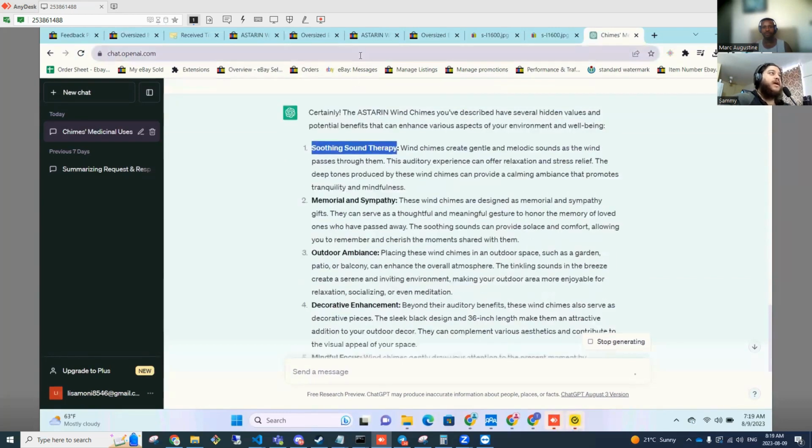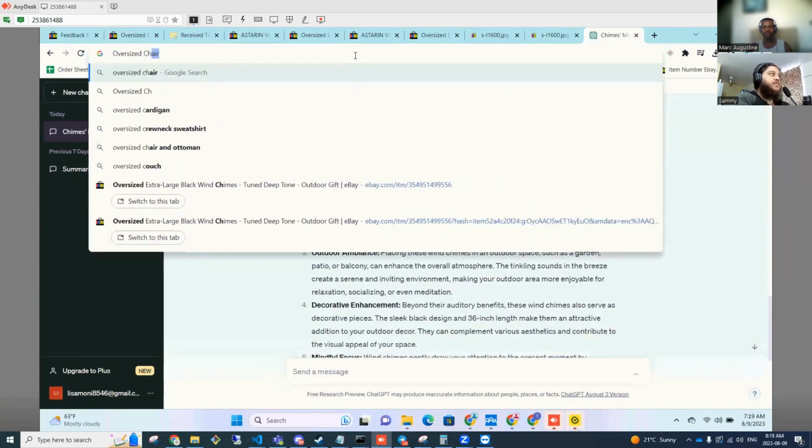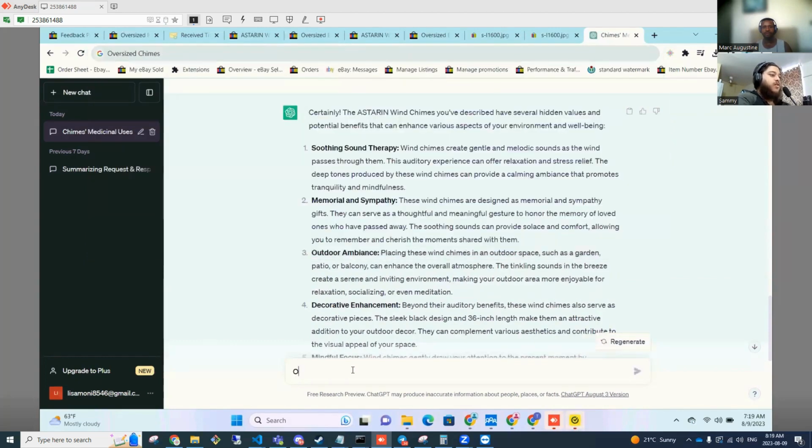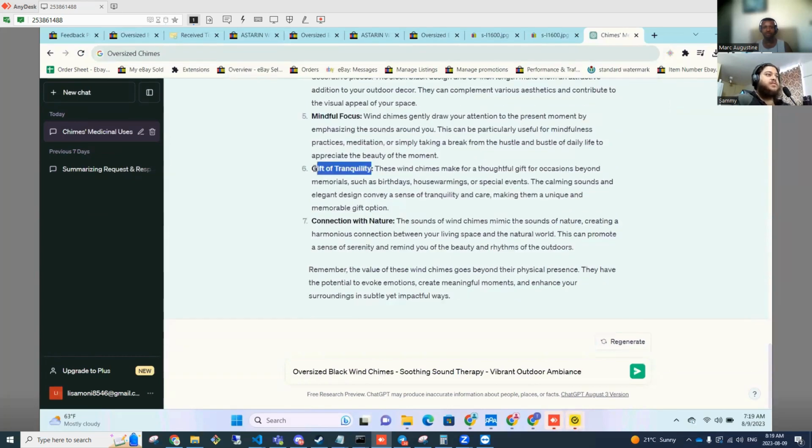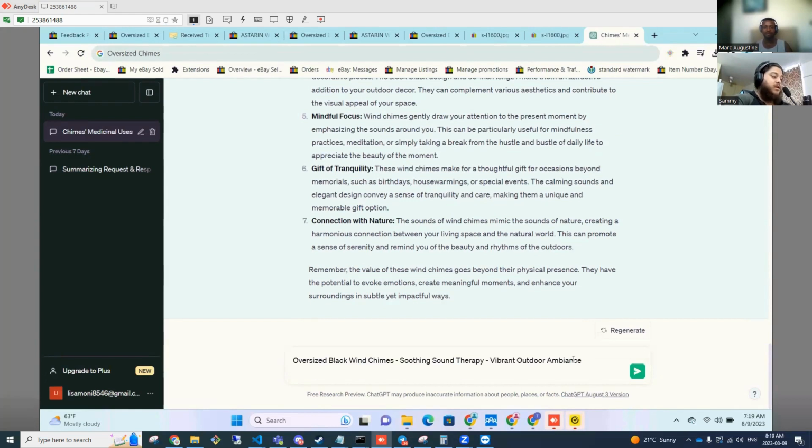So you would put oversized black wind chimes, soothing sound therapy, vibrant outdoor ambience, and then something like this. If someone priced this at 200 bucks, I think you could get that sold for 200.